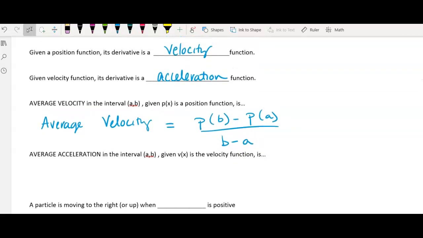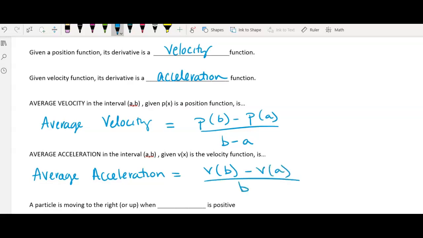And average acceleration is the slope of velocity. So V of B minus V of A over B minus A. Average velocity is the slope of position.